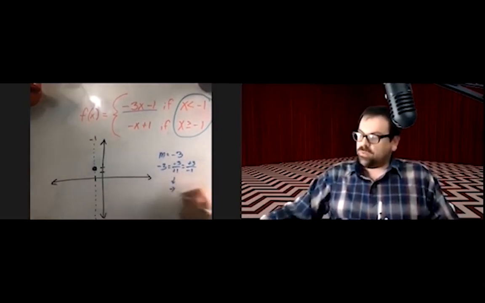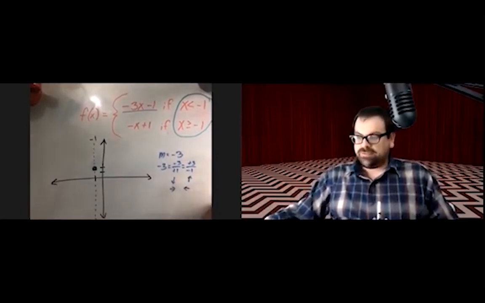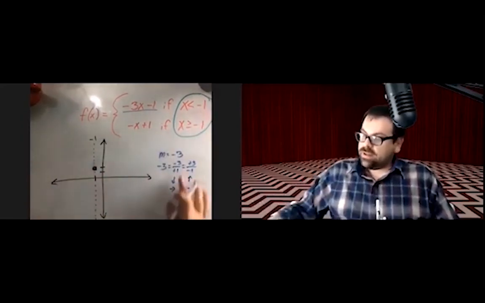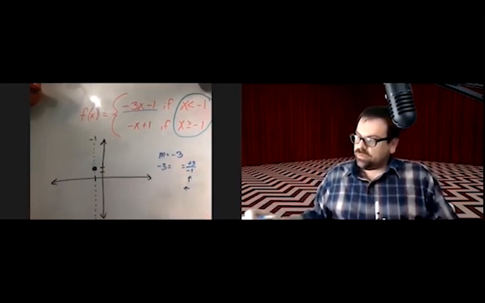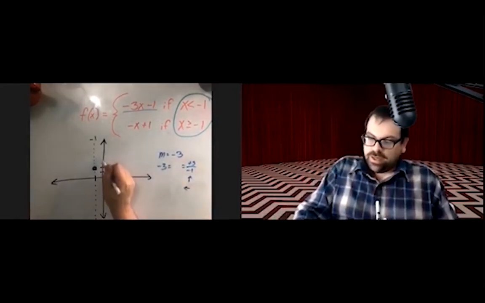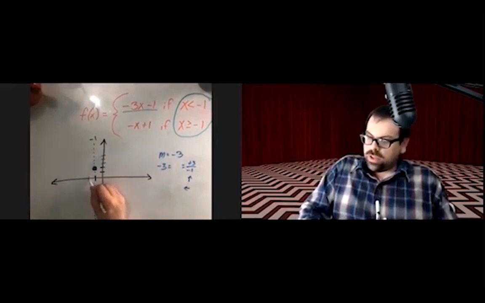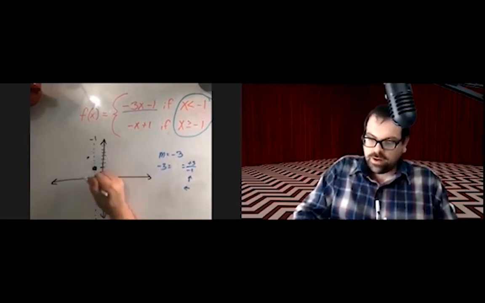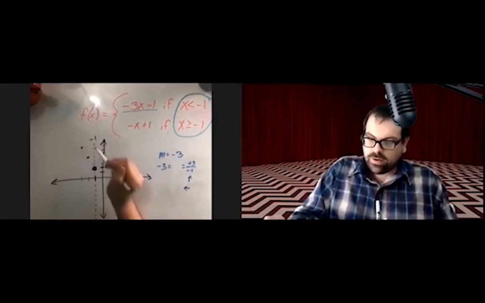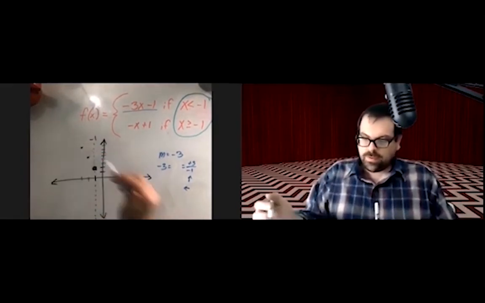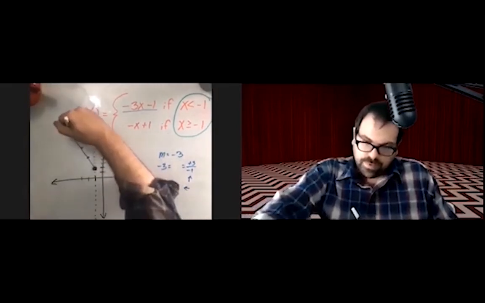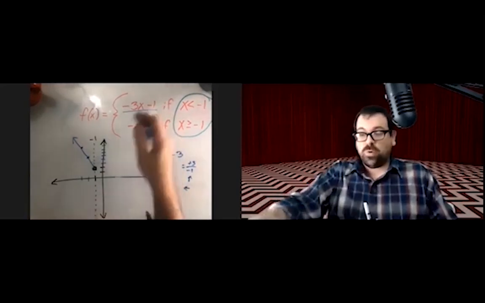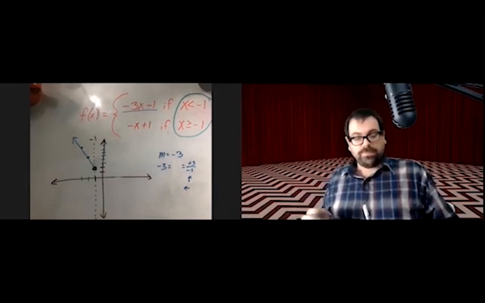So either down and right or up and left. Since we want to the left of this point, then down and right, that's not going to do. We need up and left. Up 3, left 1. We can go again. Up 3, left 1. We draw our line, but it stops at this dotted line. If it was the full y equals negative 3x minus 1, it would be the whole thing.